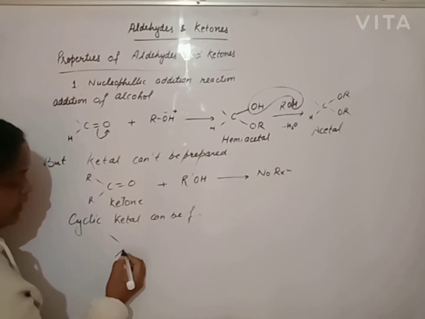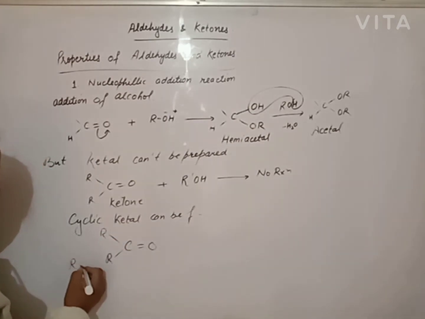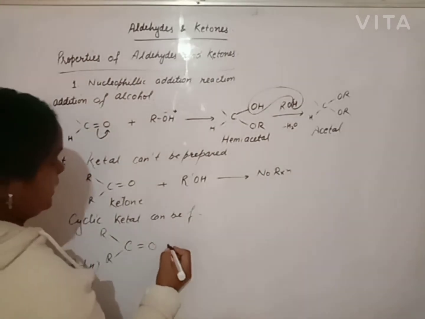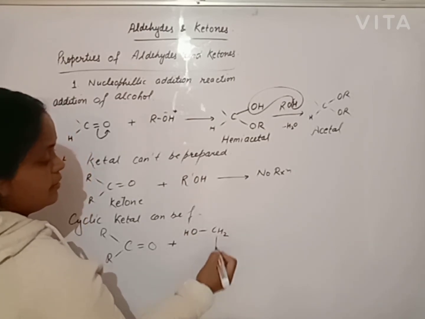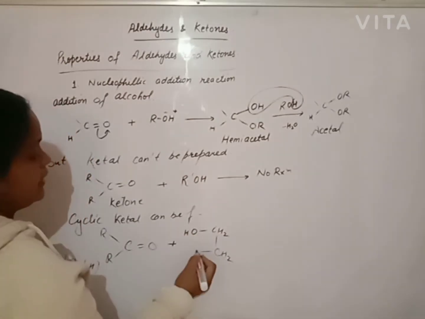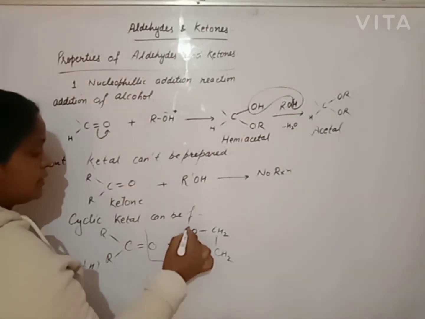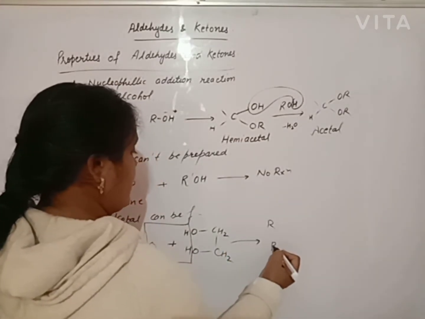When a ketone group comes in contact with a dihydric alcohol, meaning an alcohol containing 2 OH groups, it will lose water and give cyclic ketals.